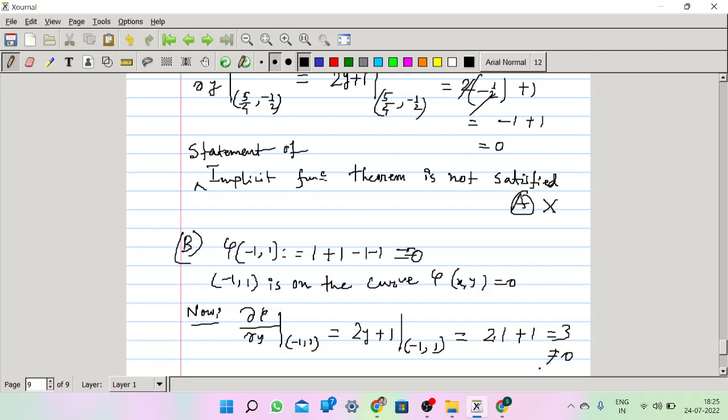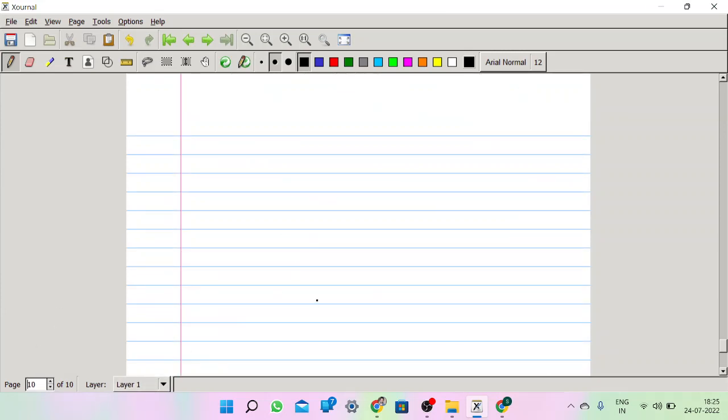So the statements of the implicit function theorem are satisfied.